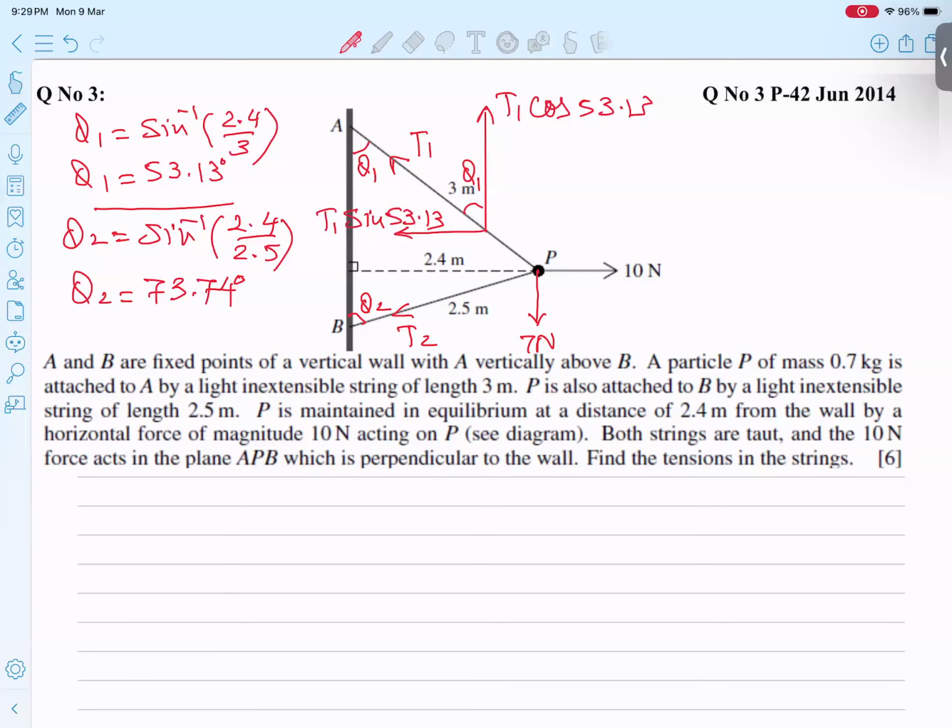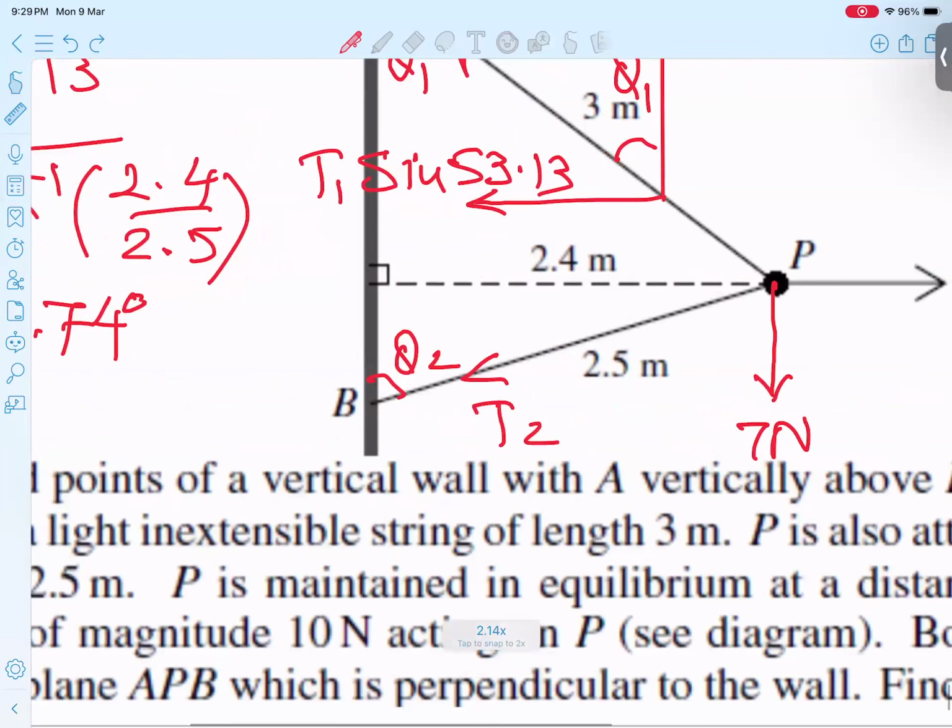In the same way, tension 2 has two components. Let me show you the resolution. I show you this way, with this force here and one force downwards, and again this angle and this angle are the same, so I call this theta 2.